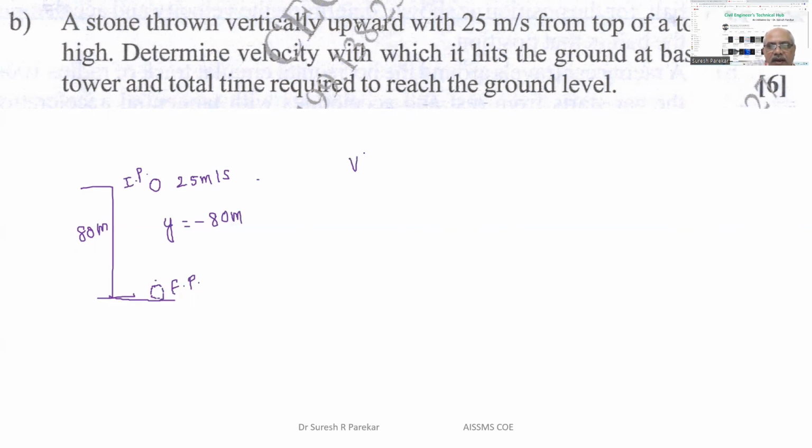So we have the formula v square equal to u square minus 2gy. Now we have v square equal to 25 square minus 2 into 9.81, and the value of y is minus 80. And from this we will get 25 square plus 2 into 9.81 into 80.